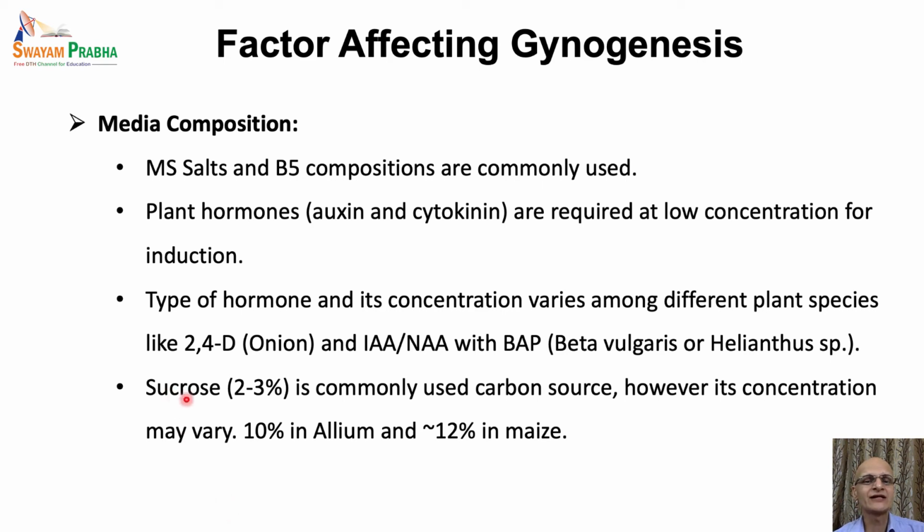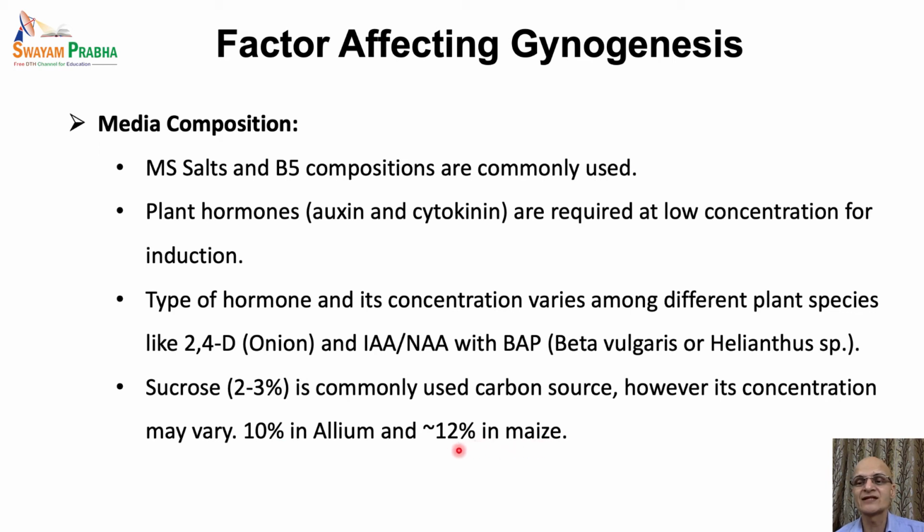As a carbohydrate source, sucrose is most commonly used and is successful. Usually it is used at a 2 to 3% concentration. However, in many plants, much higher concentrations of sucrose have produced better gynogenic responses. Like for onion, up to 10% of sucrose has been used successfully.